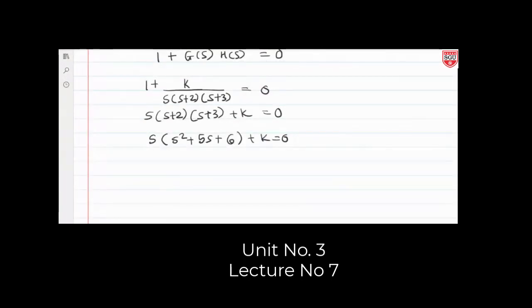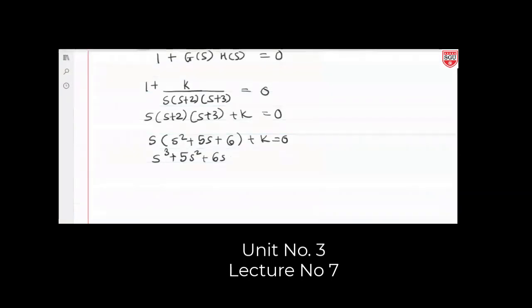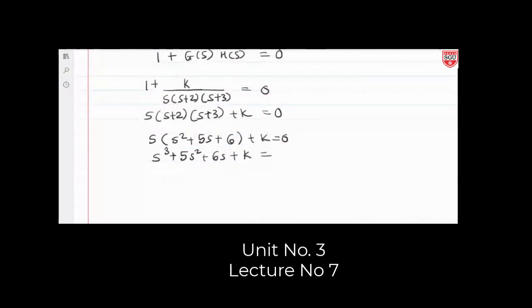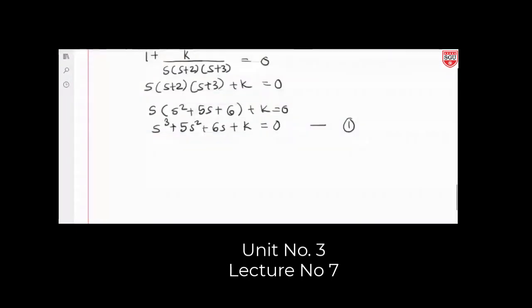Again multiplying with s inside the bracket, s cube plus 5s square plus 6s plus k is equal to 0. So this is our characteristic equation. Then our step says: wherever there is s, put j omega.